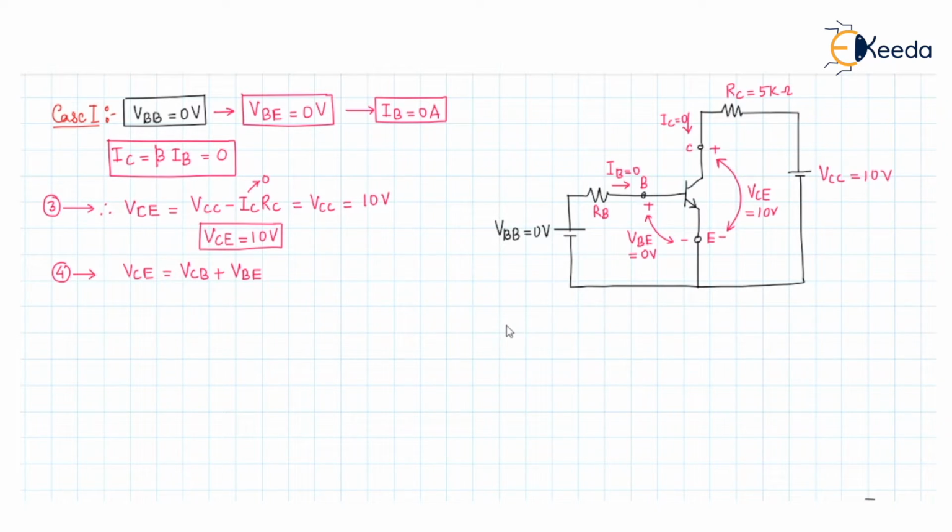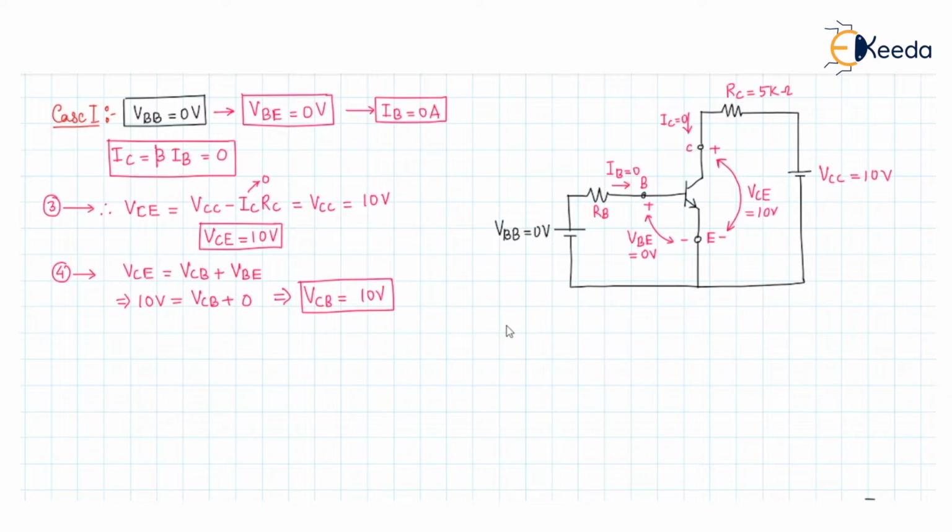Collector to emitter voltage is equal to 10 volt, here it is VCB, and VBE is equal to 0 volt. So from this equation we find the collector to base voltage as 10 volt also.